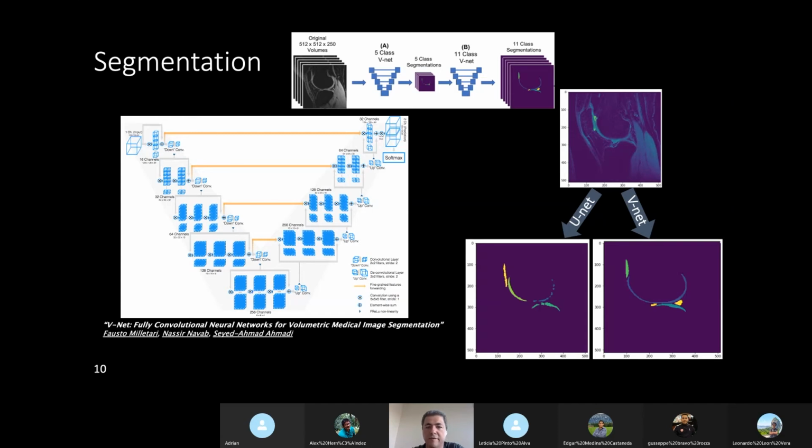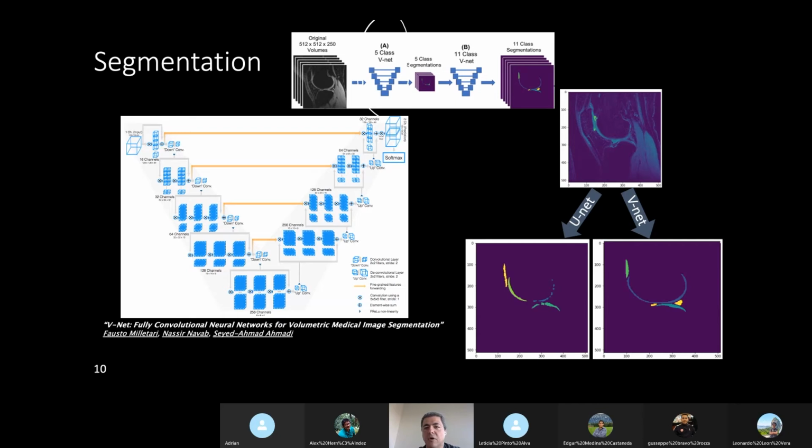We experimented with combinations of these, and we found that if we segment first and then use another architecture just to relabel what was already segmented, we get a more accurate classification. So in a nutshell, the first architecture is the one that does the segmentation.